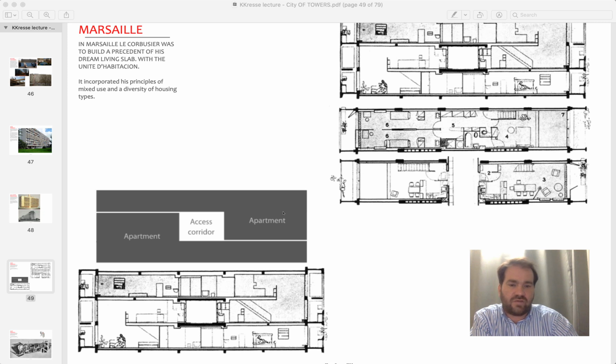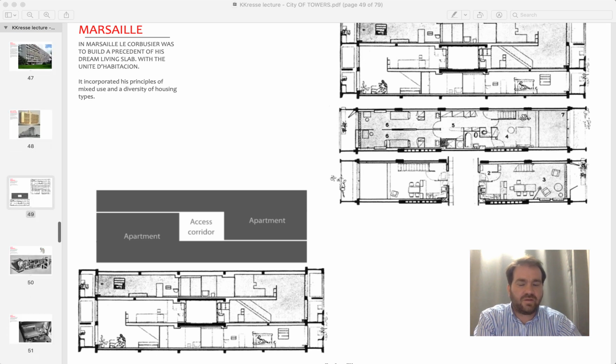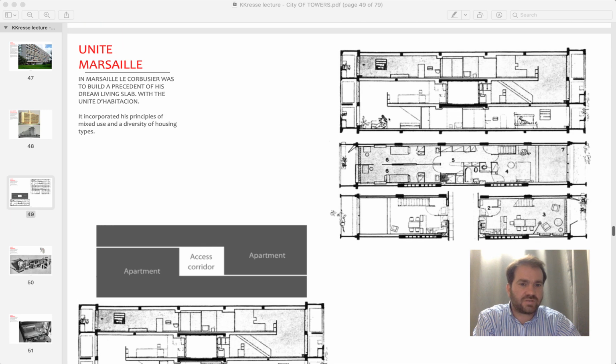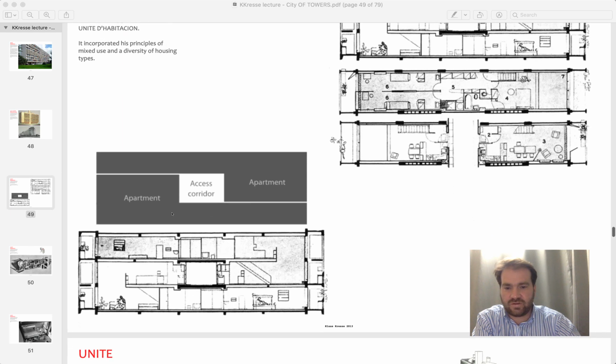You can also have double-height space, so you don't feel like being put into this box, which you often have in these efficient apartment layouts. Yeah, so that's what you see here, double-height space with a void. So there are really architectural spatial qualities to it, and balconies on the front.